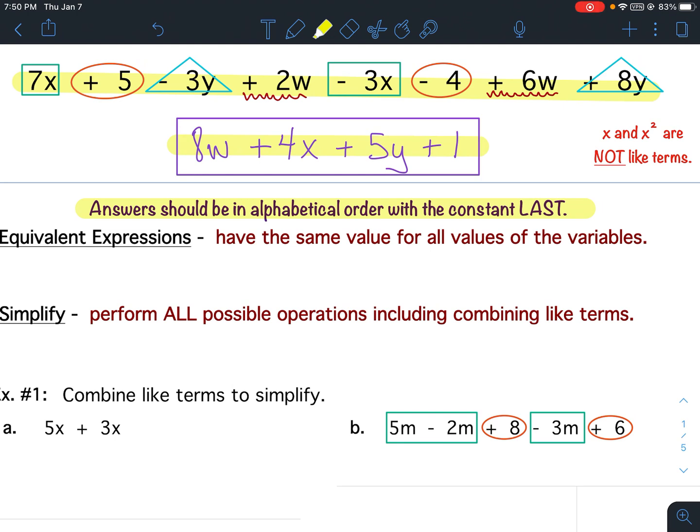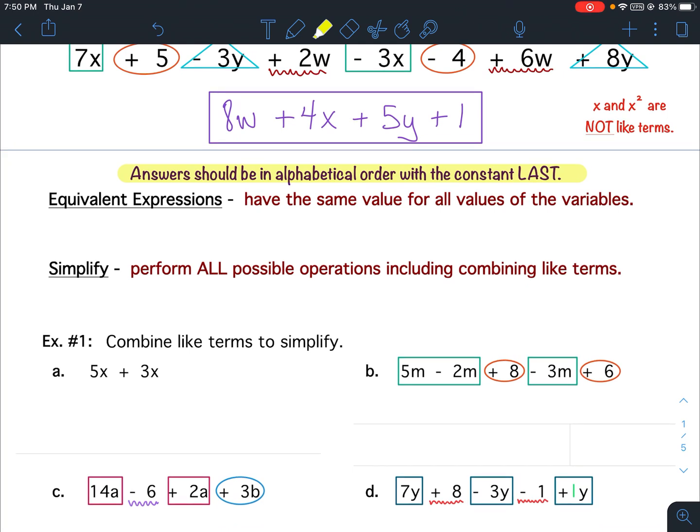If I said that x was 3, w was 4, y was -2, and I plugged that into the top and I plugged it into the bottom, in the end you would get the same answer because they are equivalent expressions. When you simplify equations or expressions, you get equivalent expressions.